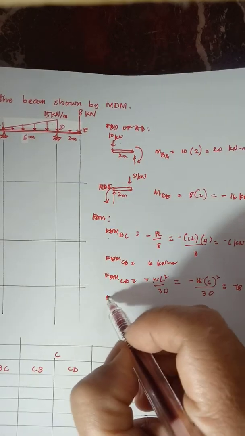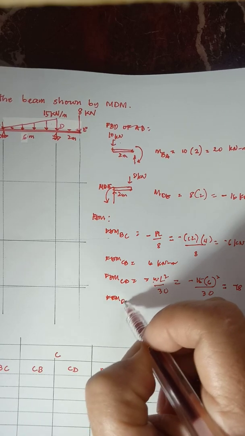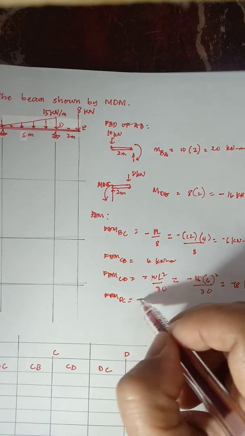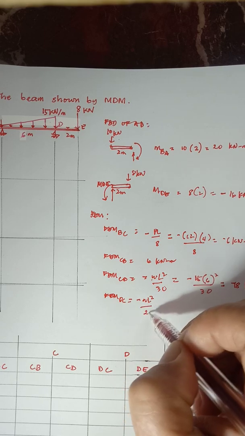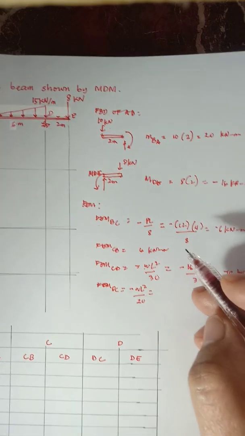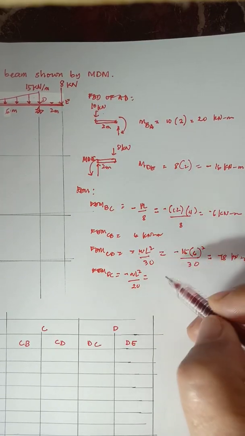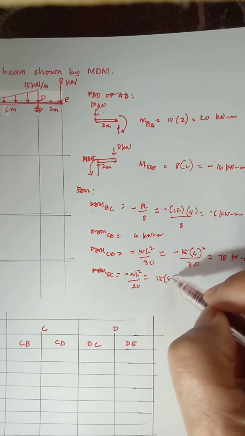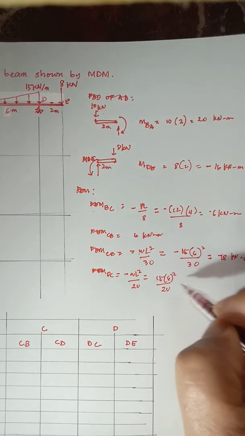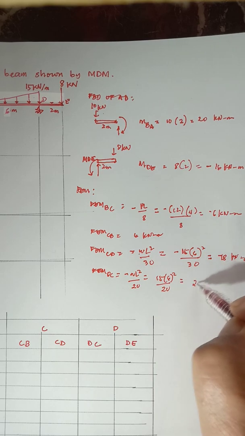And then for DC, it is minus WL squared over 20, which is equal to 15 times 6 squared over 20, which is 27 kilonewton meter.